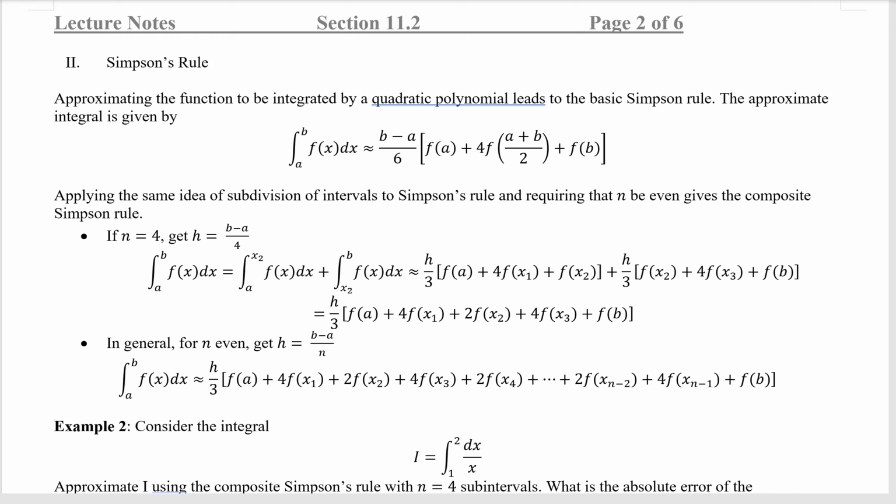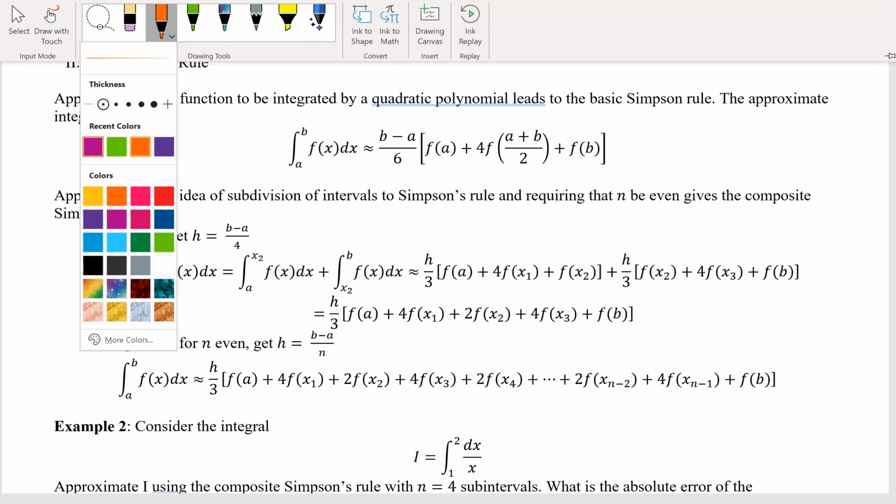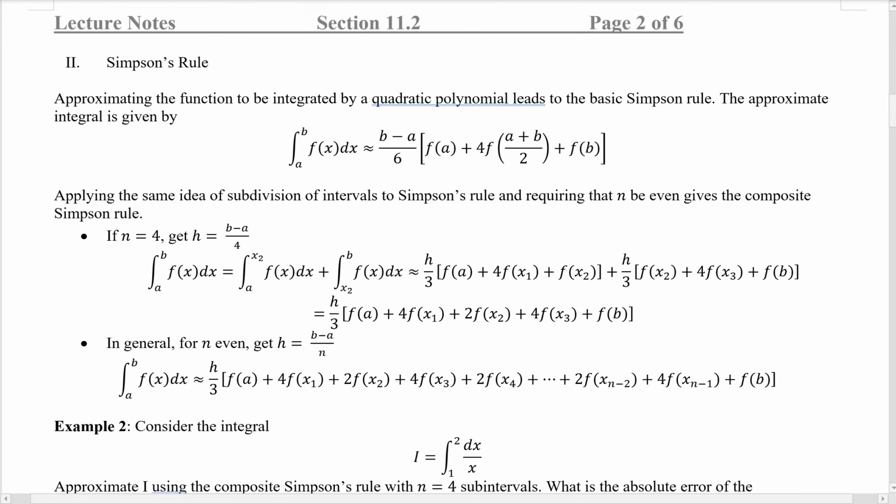So let me draw the picture here. Okay, so here, let's say this is A, this is B, and in order to get a quadratic polynomial to approximate it, we know 2 points fix a line, 3 points fix a quadratic polynomial. Okay, so a quadratic function means we need 3 points.